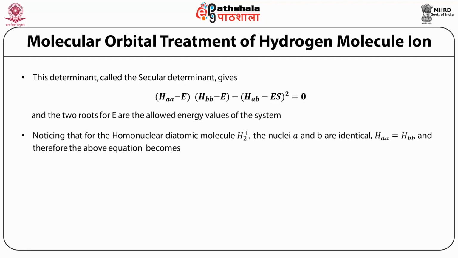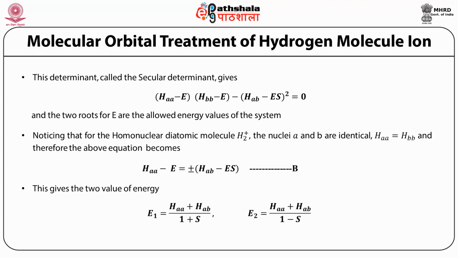Notice that for a homonuclear diatomic molecule like the H2 ion, the nuclei A and B are identical. Therefore, HAA is equal to HBB, and the above equation is written as HAA minus E is equal to plus or minus (HAB minus ES), and this gives two values of energy.